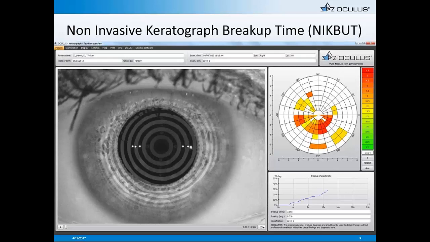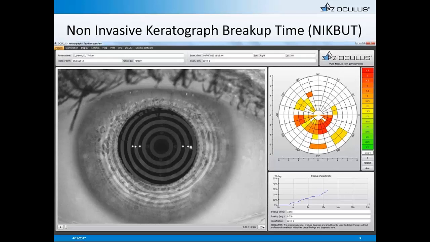So if you have a Keratograph and you're not screening more of these individuals, you have a huge opportunity. These are patients that are coming in every day that could use some help and could be put into your dry eye clinic. So think about doing a screening on all of those individuals.